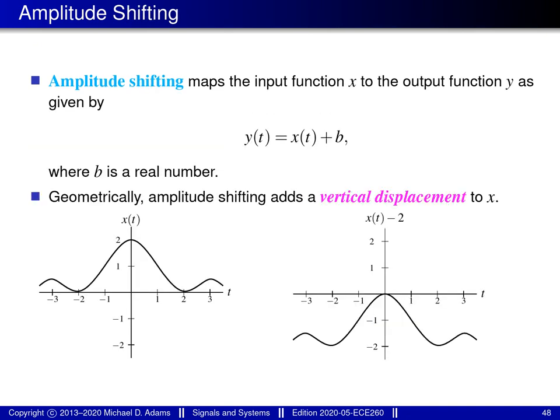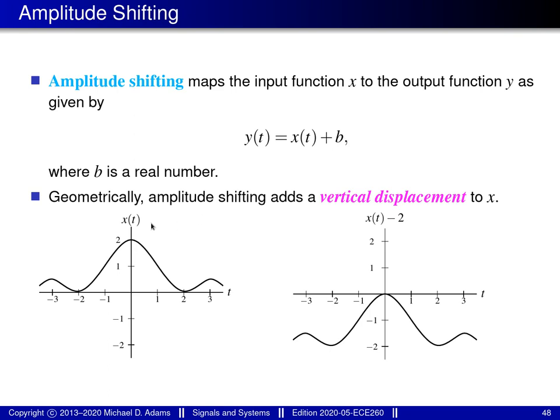The next type of dependent variable transformation that I'd like to consider is what is known as amplitude shifting. An amplitude shifting transformation maps a function x to a function y as given by the relationship here, where b is a real constant. Effectively, all this transformation does is add a constant to a function.